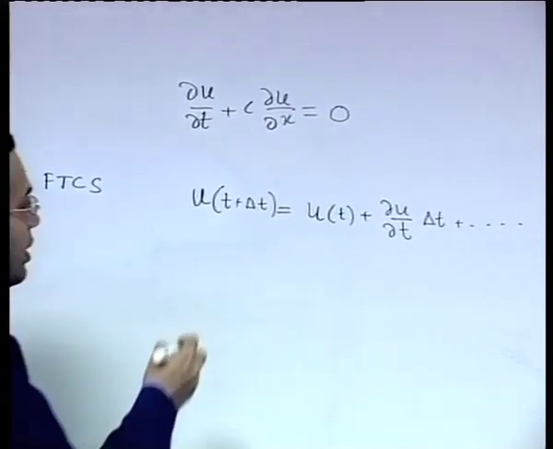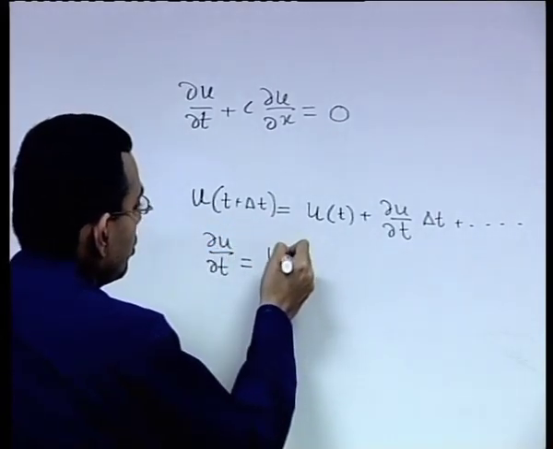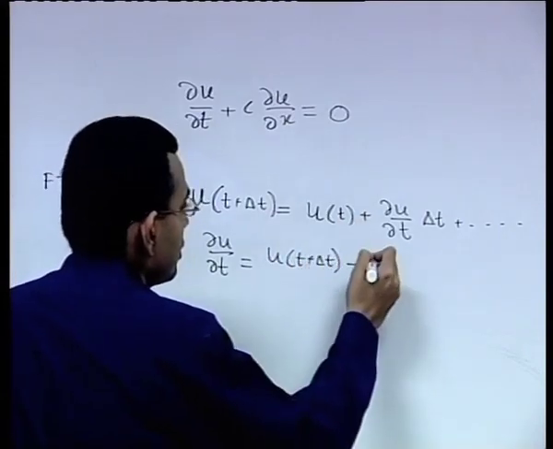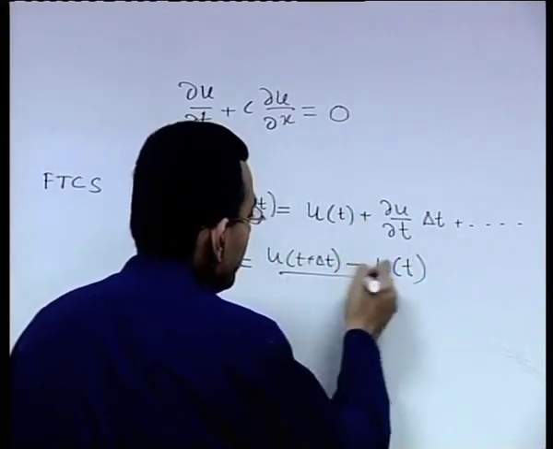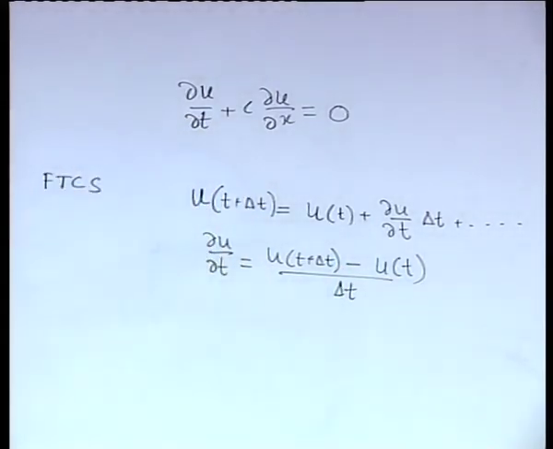So, the partial derivative with respect to time for u is u at t plus delta t minus u at t divided by delta t. We are not writing the truncation error, just writing the difference formula.